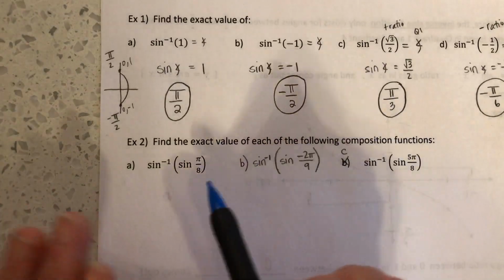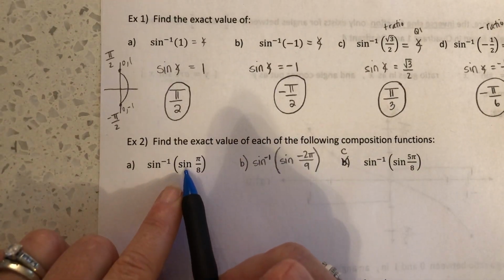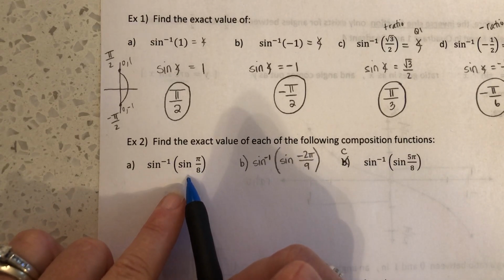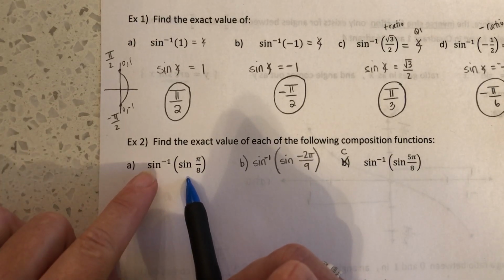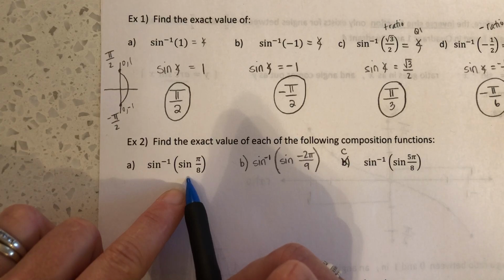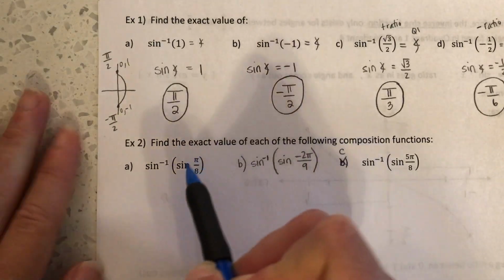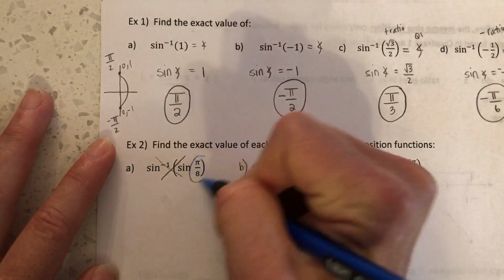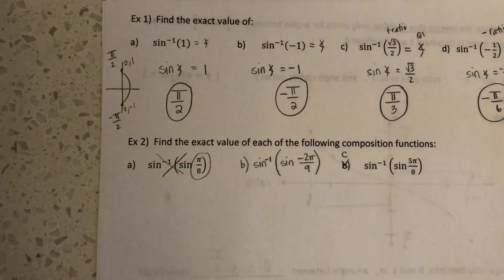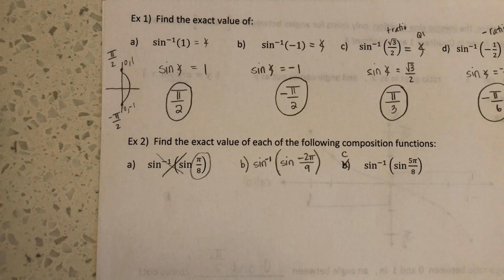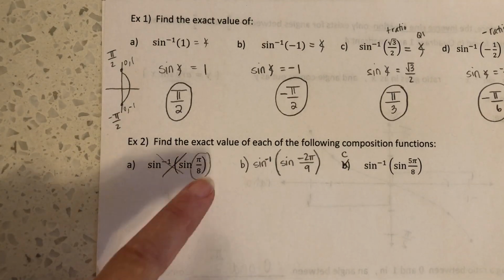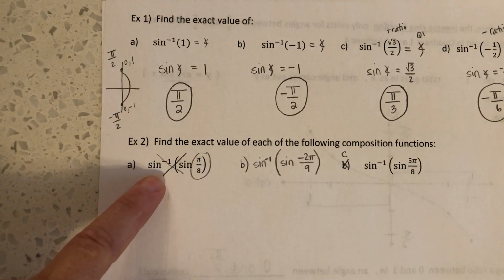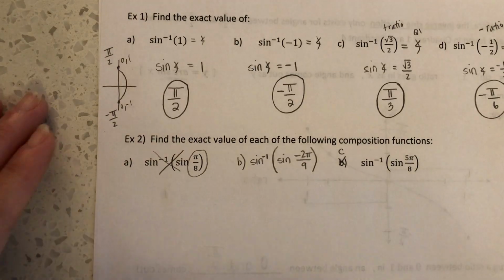So look what the answer is. If you take the sine of an angle, the answer is a ratio. When you take the inverse sine of a ratio, the answer is an angle. So yes, the inverse sine and the sine should cancel out, and this angle should be our answer. But it's only allowed to be your answer if that's an angle that the inverse sine function was able to spit out.